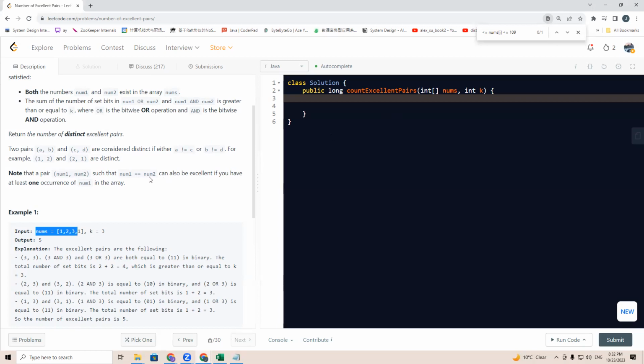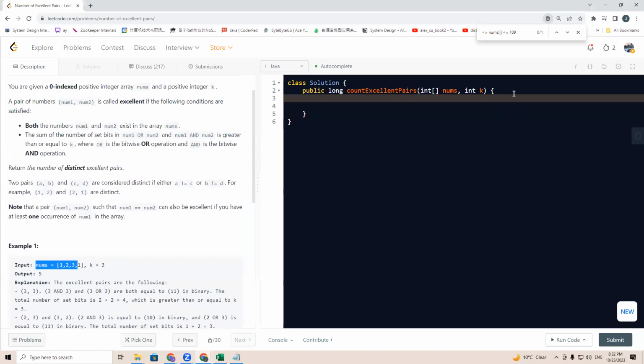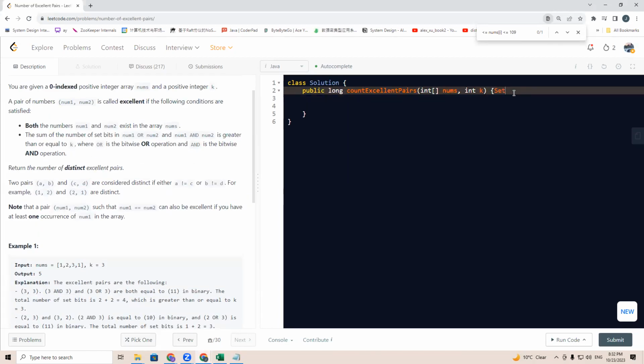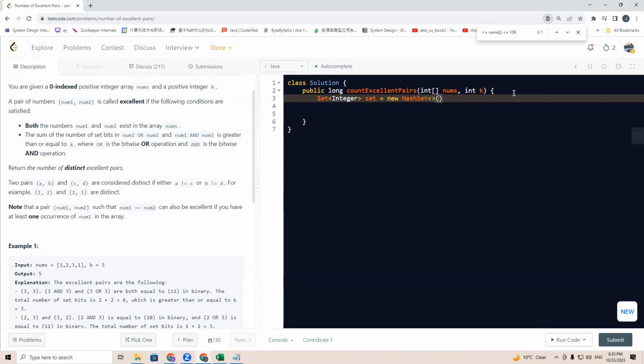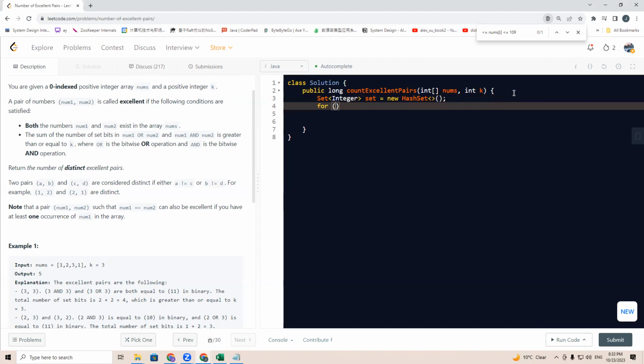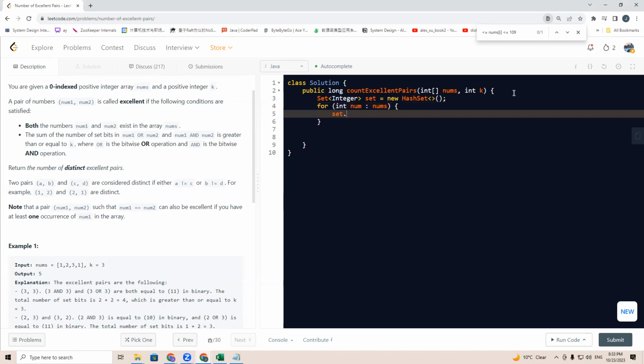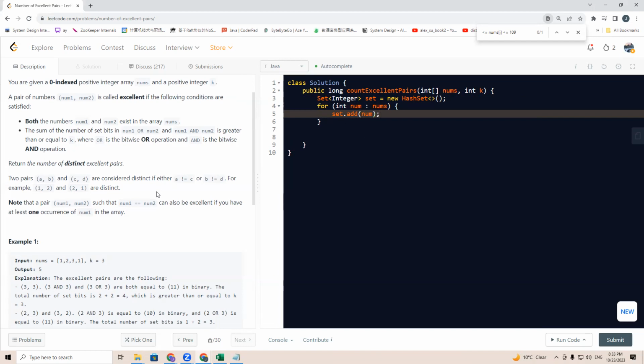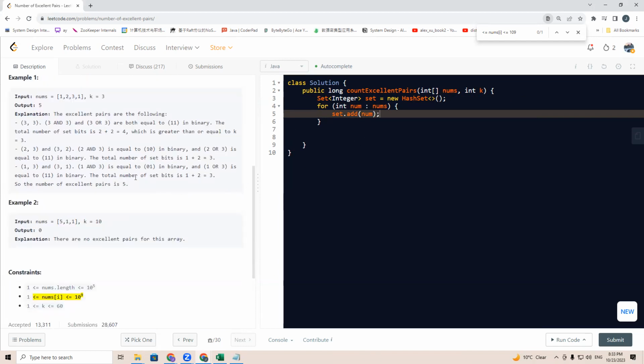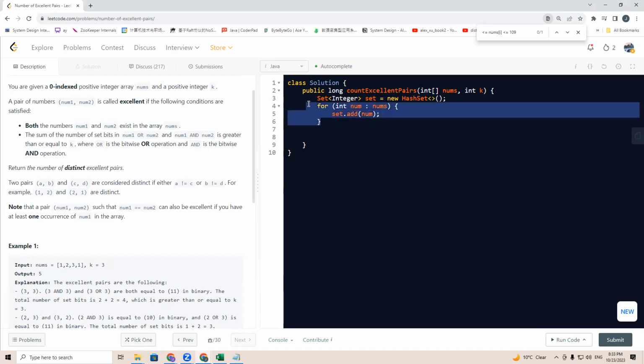So what we need to do first is use a set to dedupe, and then we just need to count how many pairs there are in this set.